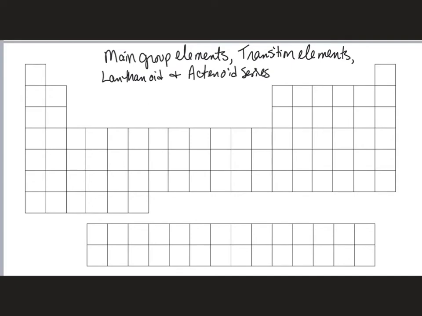It's simply that we kind of see how there's this stair step that comes out here. You see how there's this dividing line here? Well, what we consider to be main group elements, I'm going to color in blue. Here we go.